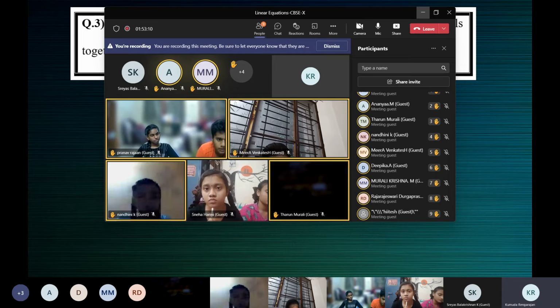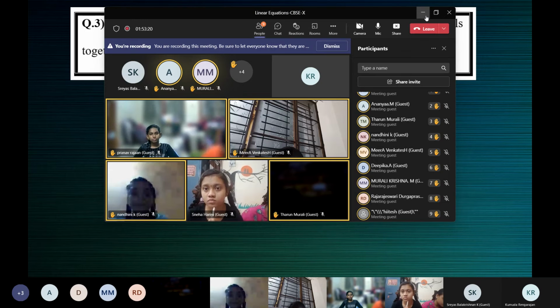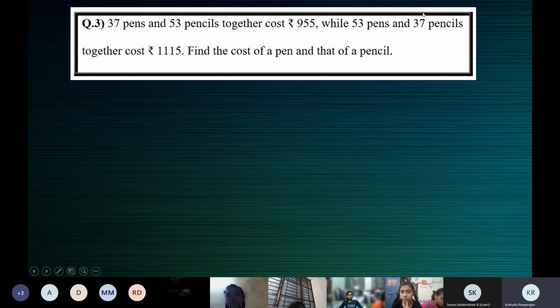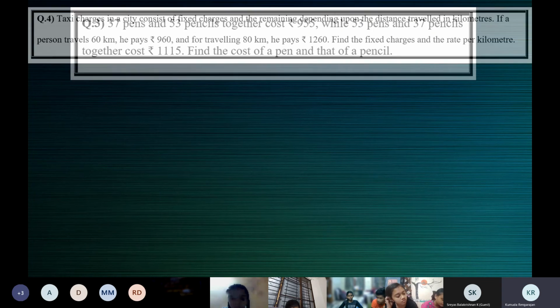Special method can be used only when the coefficients are exchanged. But suppose you forget and use the elimination method, it will be difficult. The numbers will be very large and the calculation will be tedious. But please use the special method.